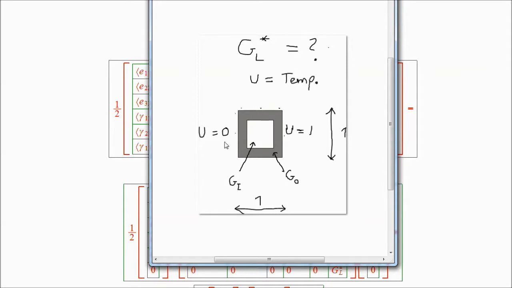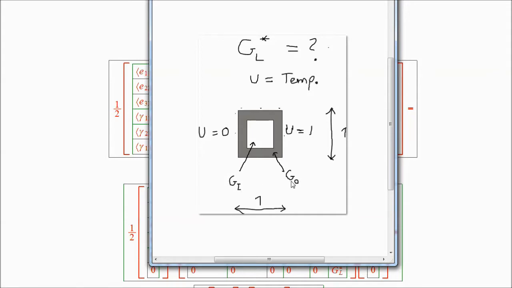Just do it. Use the thermal problem and solve it by using, instead of the conductivity which we need for solving a thermal problem, the shear modulus G_o and the shear modulus in the inner material G_i.